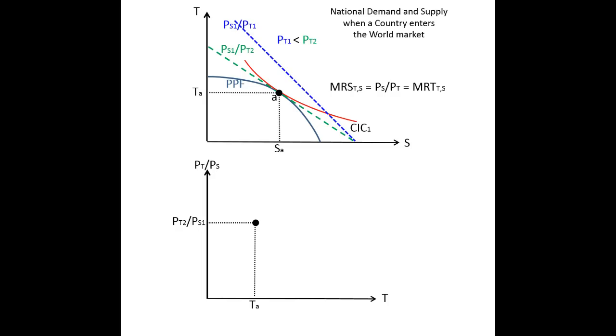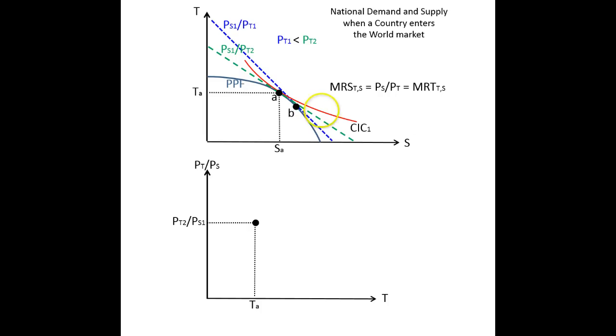But this has nothing to do with what we are able to produce, because we have to look at the production possibilities frontier, because that is the boundary of production. So we have to look at the situation where this new relative price is equal to the slope of the PPF.